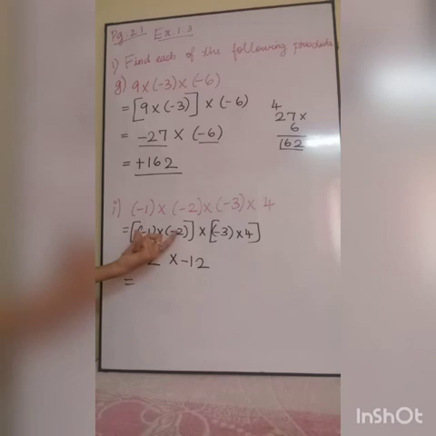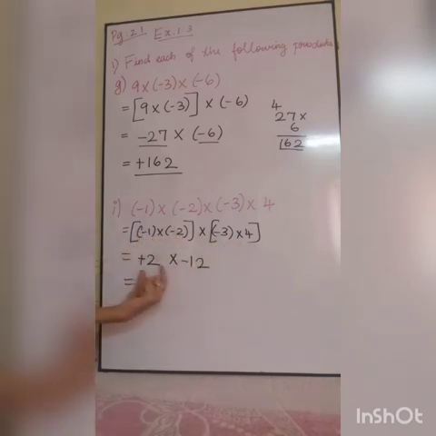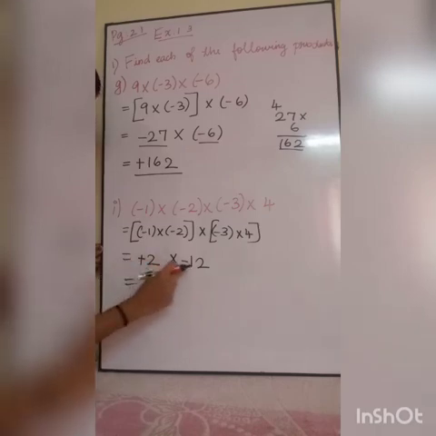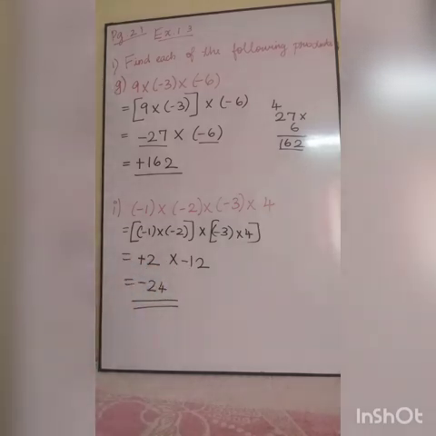Now I have the answer for this and this. Now I am going to multiply these two. 12 2s are 24. Plus into minus is minus, so minus 24 is my answer. Then listen carefully. Your B question, D question, F, H, J are all homework.